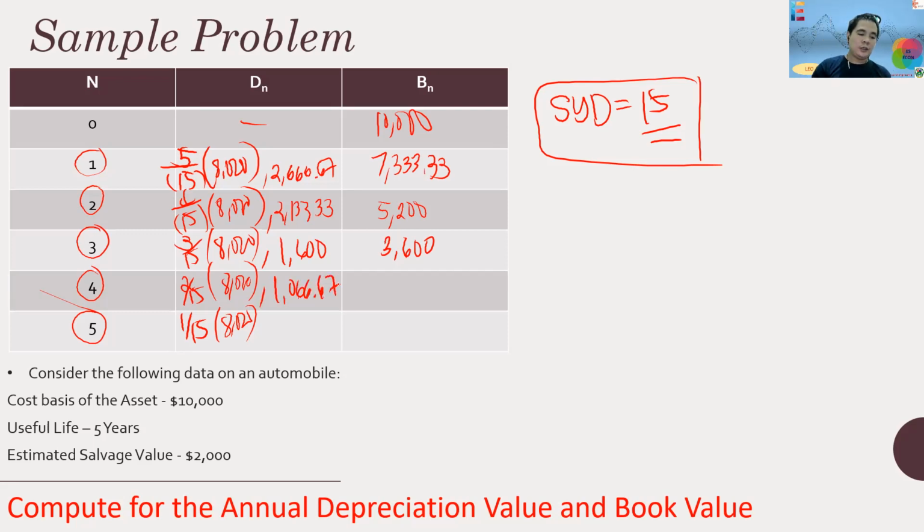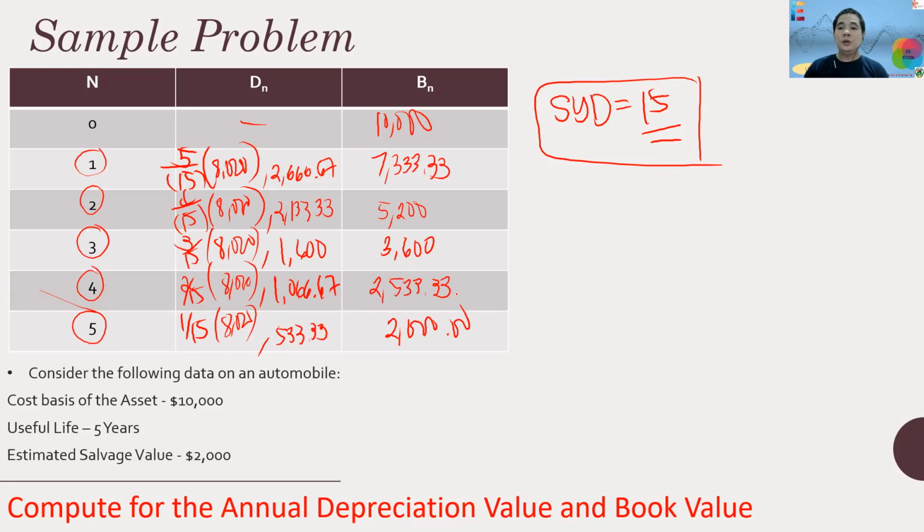So 3,600 minus 1,066.67, that is 2,533.33. 1 divided by 15 times 8,000, that is 533.33. So therefore, your book value at the end of the fifth year is equivalent to $2,000.